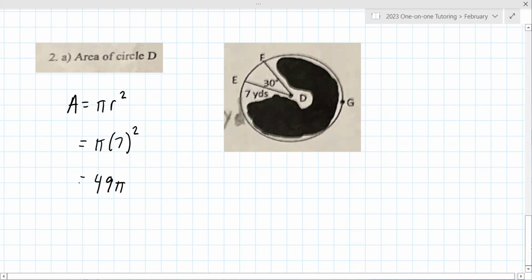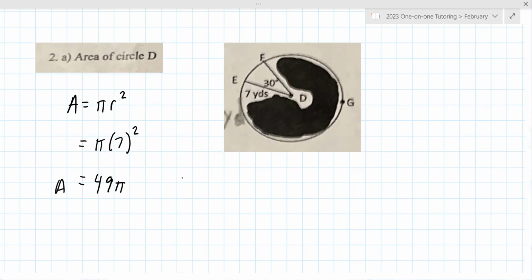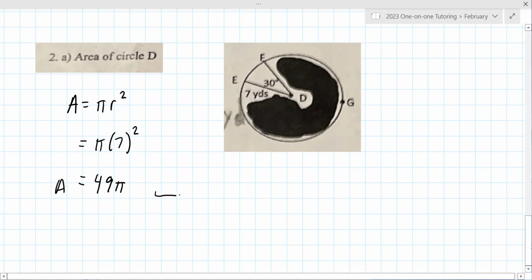And what are the units of area? What are the units off to the right here?